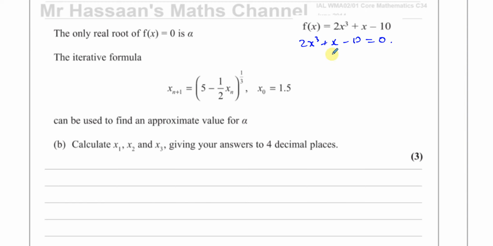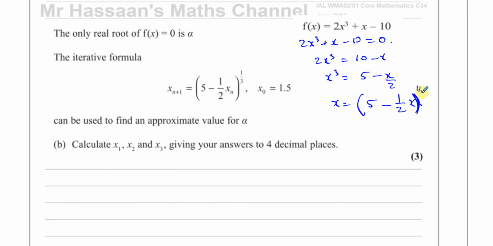First, 2x cubed is equal to 10 minus x, adding 10 and subtracting x from both sides, then dividing both sides by 2. If you divide by 2, you get 10 over 2, which is 5, minus x over 2. Then x is equal to the cube root of that, which is the same as to the power of a third, of 5 minus a half x. That's how you can rearrange it to make this x the subject.